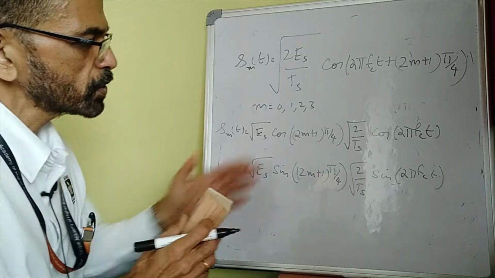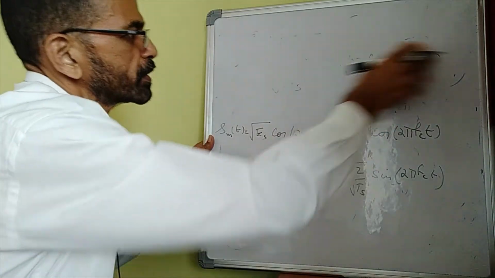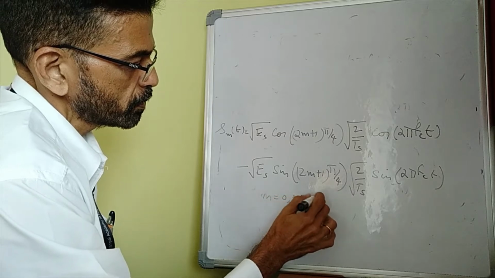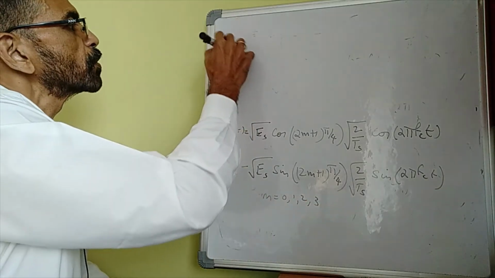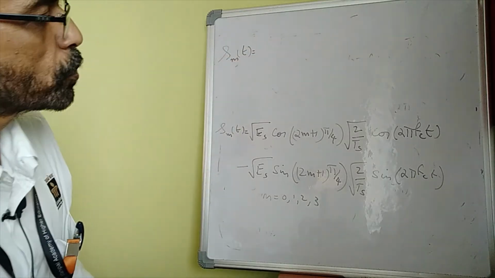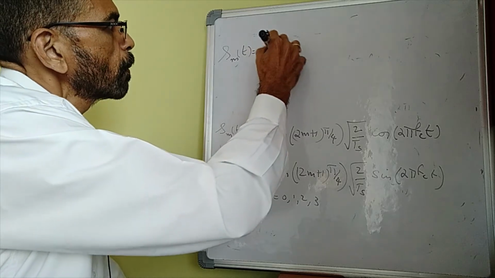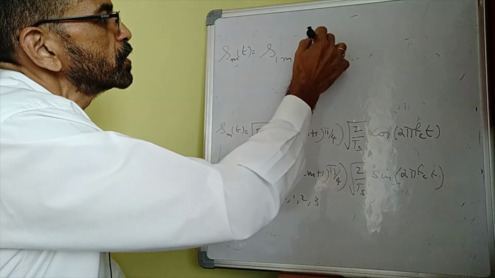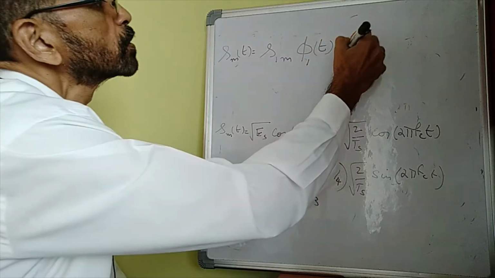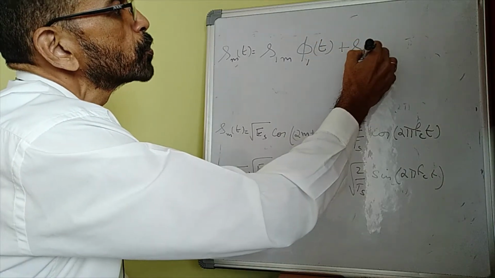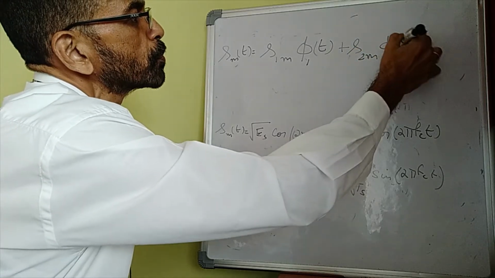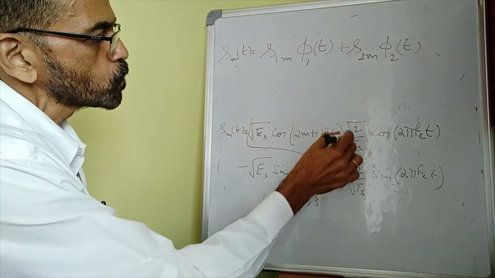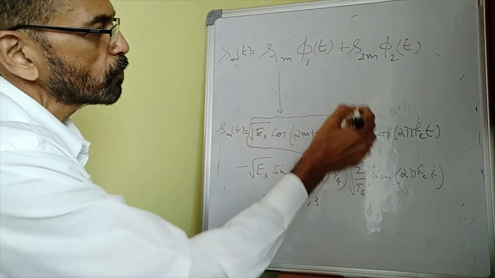Right, now once we have this, we note that, and of course I may not be able to write this always, you have to keep this in mind, we can write SM(t) equal to S1m phi1(t) plus S2m phi2(t), where S1m is this and phi1(t) is this.